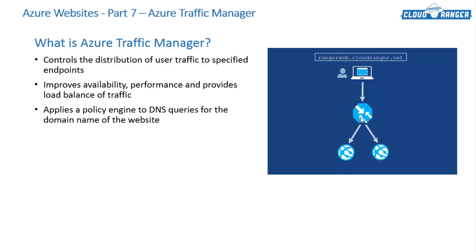For now, just think of it as a very glorified load balancer. It's not doing traffic shaping. Somebody actually asked me if it does any packet analysis and all that. No, it's basically a load balancer.